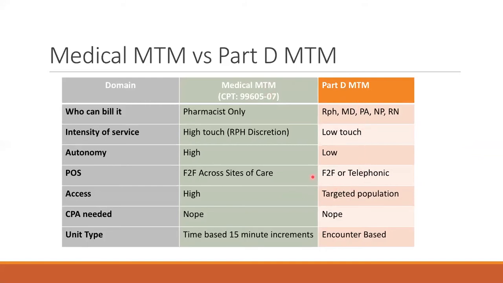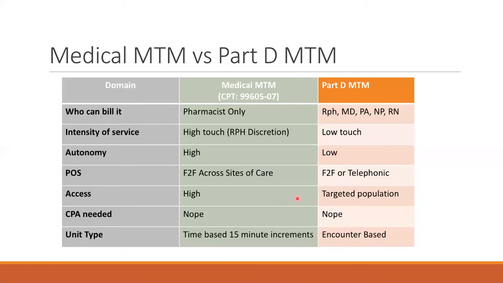The service for medical MTM place of service must be face-to-face. This is a higher level of autonomy in that this is a service the pharmacist can provide and can self-identify that a patient may need this service. And when this is a covered benefit under a health plan, there's really high access to this because it doesn't state specifically that it can only be done in a certain location.